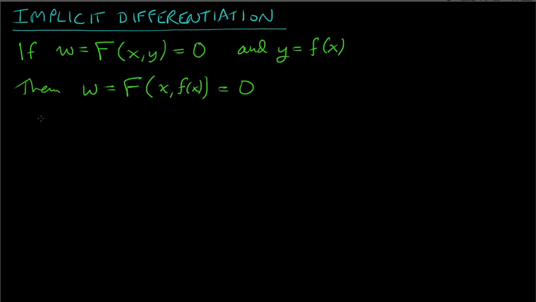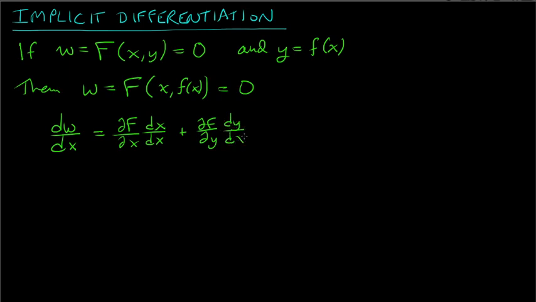So now we can just use the chain rule to find the derivative of w with respect to x. So by the chain rule, you get partial of f with respect to x, right, times the derivative of x with respect to, well, x, plus partial of w, which is also the partial of f with respect to y, times the derivative of y with respect to x.